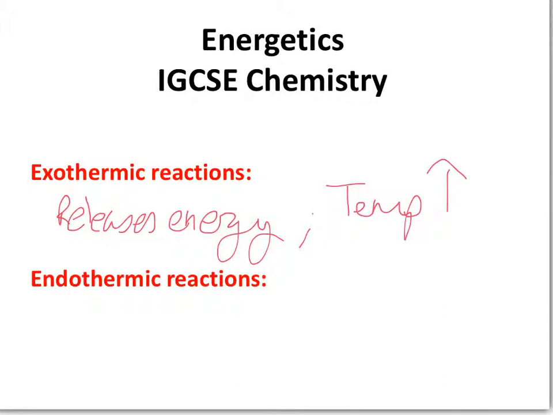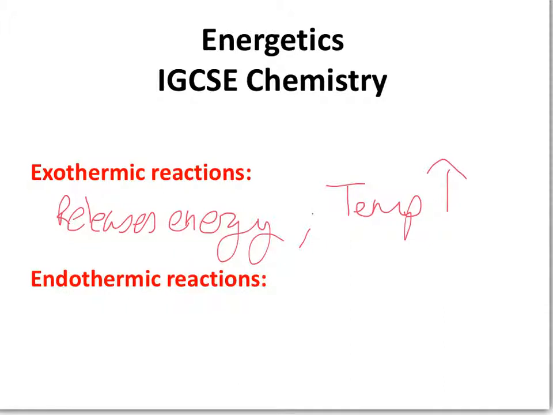Neutralizations are often exothermic reactions. Reacting magnesium with oxygen is an exothermic reaction. So these are reactions that give out heat, they release energy, and they increase the temperature of the surroundings.